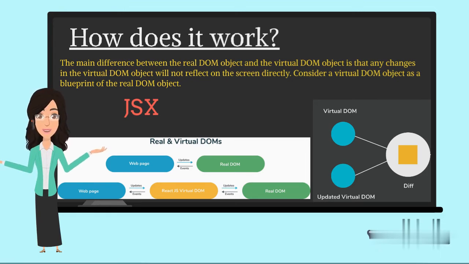After knowing which objects were updated, React renders only those objects inside the real DOM instead of rendering the complete real DOM. This is the way, with the use of virtual DOM, React solves the problem of inefficient updating. It's way faster than the real DOM.